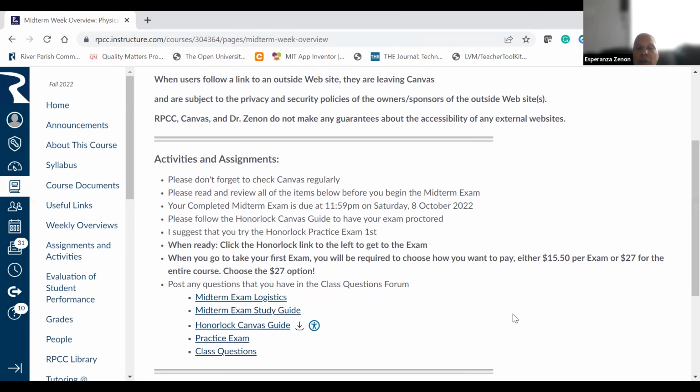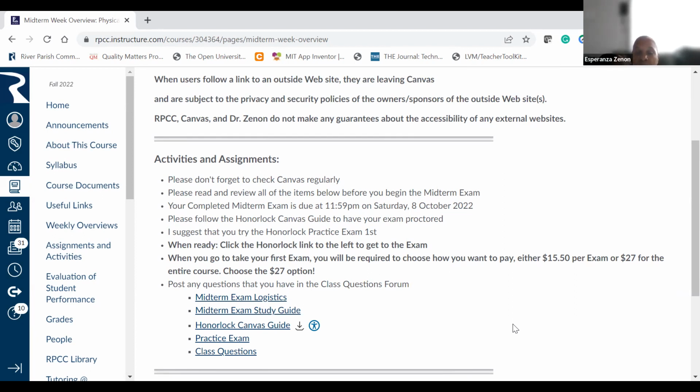Your completed midterm exam is due by Saturday, the 8th of October at 11:59 p.m. Just like you submit regular assignments on Saturday, you'll submit the midterm on Saturday. You'll be using HonorLock to take the exam, and I posted the Honorlock Canvas guide that, if you follow step by step, you can set up your computer to take the exam.